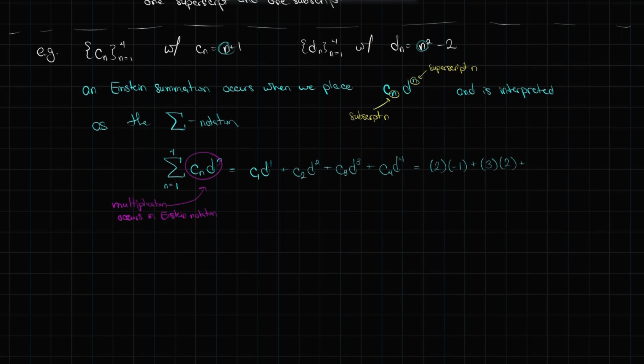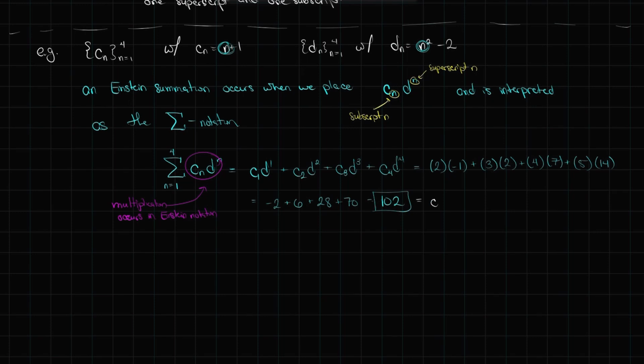Plus 4 times placing a 3 there would be 7, plus 4 there would give you a 5, and a 4 here would give you a 14. So if you actually multiply these out, you get negative 2 plus 6 plus 28. 5 times 14 is 70, I believe, plus 70. What do we have? We have 98 plus 6 is 104, minus 2 is 102. And so Einstein summation would give you 102.